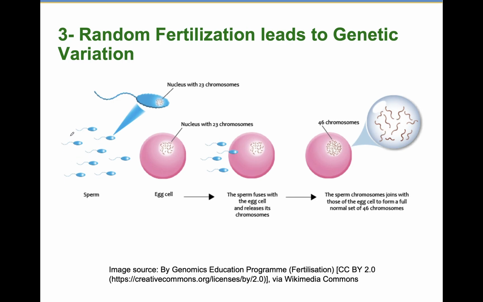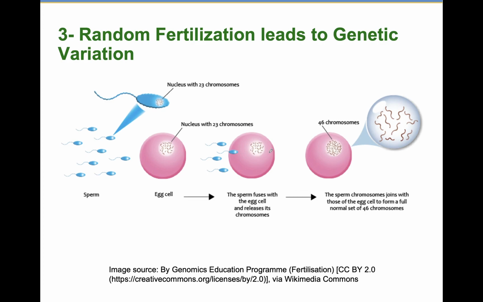Now, as we know, multiple millions of sperm cells are produced that enter the body of the woman, and then there is an egg that's going to be fertilized. But out of these millions, randomly one of them is able to enter the egg and fertilize it. This process of choosing which sperm fertilizes the egg is totally random.